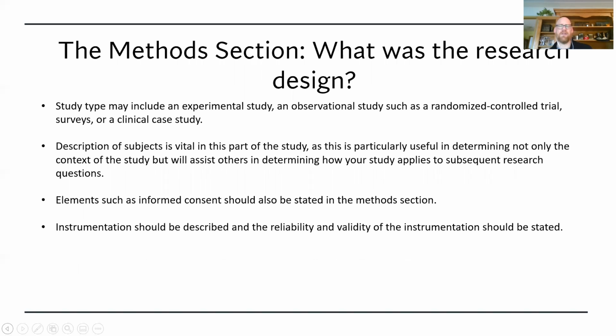So the method section: what was the research study design? The study may be experimental, or it might be observational, like a randomized controlled trial, or maybe even a cohort study. Description of subjects is really important because it is useful in determining not only the level of external validity within your study and the generalizability of the results, but it's also important for other people reading your study to determine how applicable it is to their specific problem.